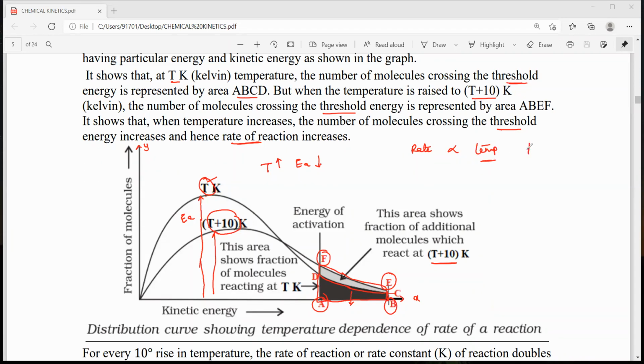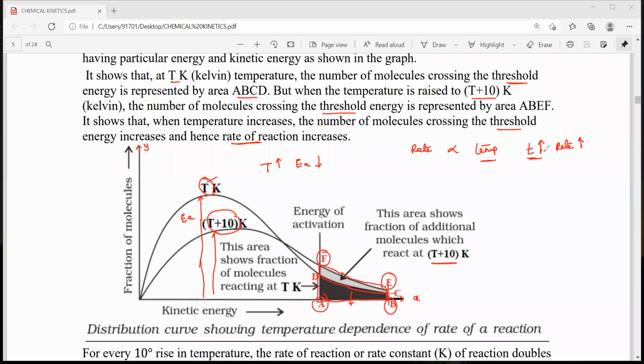If temperature increases, then the rate of reaction will increase. Why? Because more molecules are activated and those molecules can easily cross the threshold energy and be converted into products. Because when the temperature increases, the activation energy or transition state energy barrier decreases.